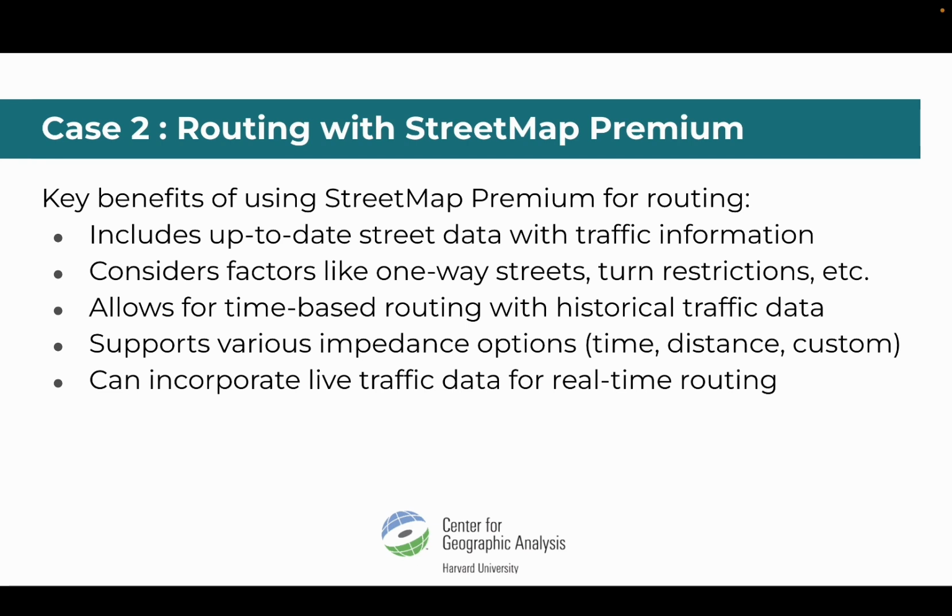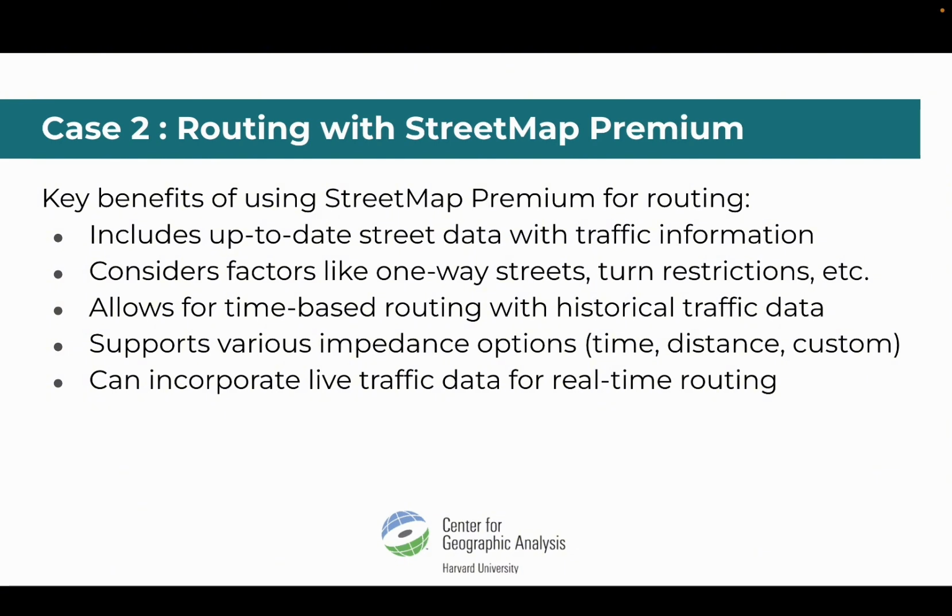The key benefits of using StreetMap Premium for routing: it includes up-to-date street data with traffic information, and it considers factors like one-way streets, turn restrictions, etc. And it also allows for time-based routing with historical traffic data. That's important because we all know that at different times the traffic is different.